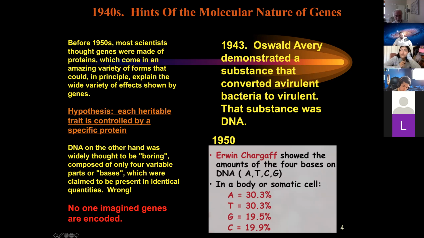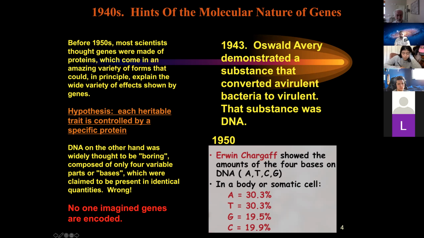But when you think about it, what were the possibilities? If you were a scientist, didn't have any idea what the chemical nature of genes were, and proteins are a possibility, what were the other possibilities? We've talked about biomolecules, macromolecules.